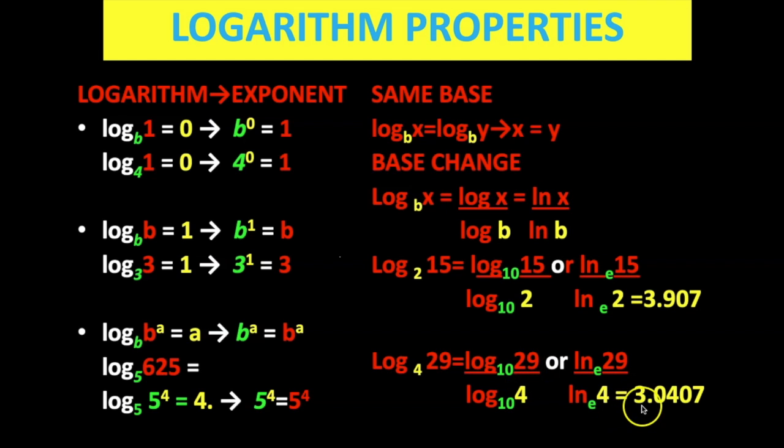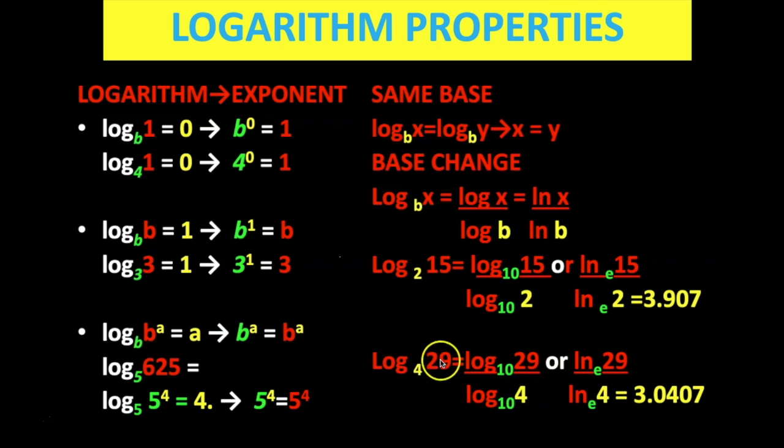Here's the answer I'll get, 3.0404. Could I do this in natural log? Yes, I could. This base change formula allows me to do it either way. You can't do that every time. You can't just use the natural log button with the base 10 button. No, you can't. In this one case, the base change formula, you can do that.